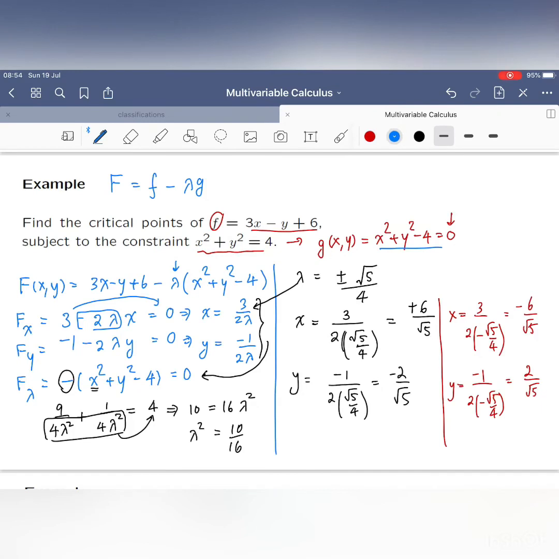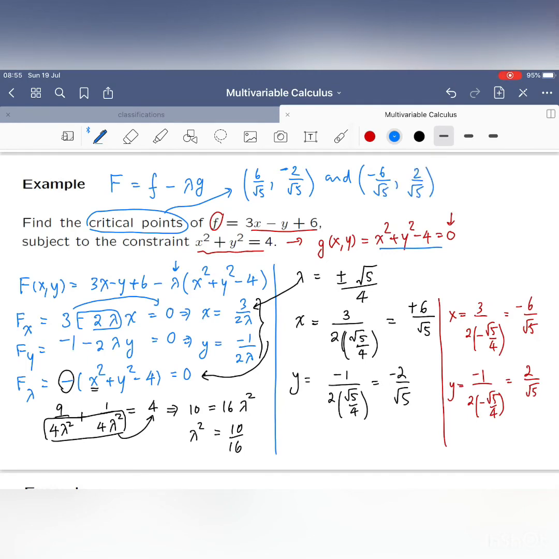So it means that the critical points, again, we emphasize that these are the only critical points that we can have. You got 2 critical points. One of them is positive 6 over square root of 5 and negative 2 over square root of 5, and the other is negative 6 over square root of 5 and 2 over square root of 5.